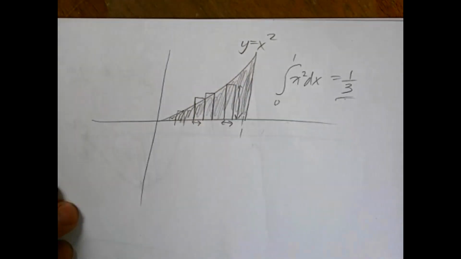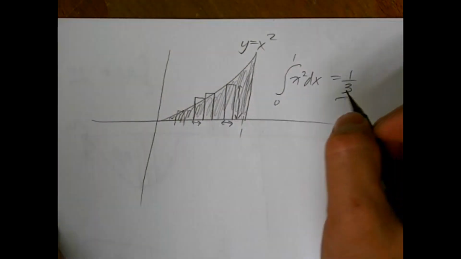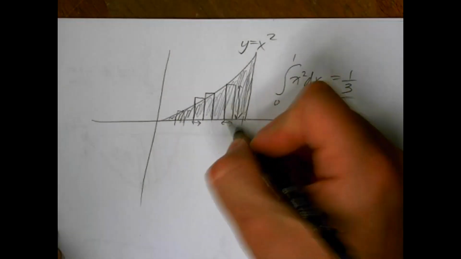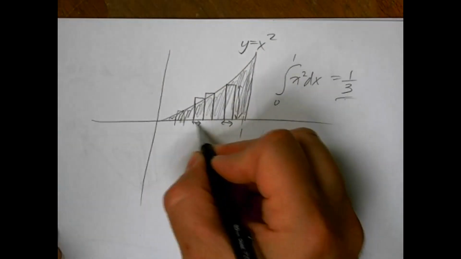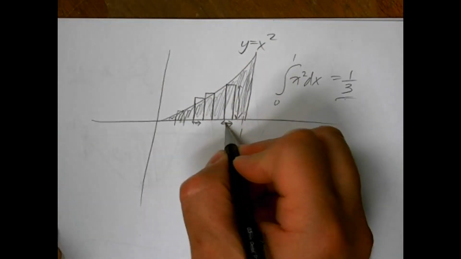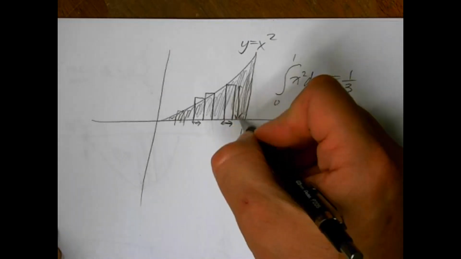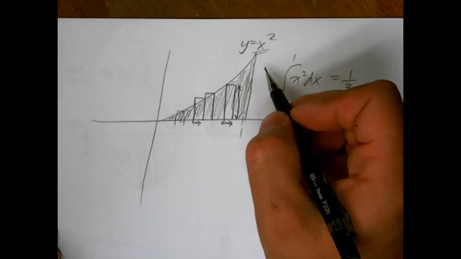That's not what the definition tells us to do, but it's the same. It could be done with right-handed rectangles. It could be done with left-handed rectangles. Again, noting that each width is going to be positive. And specifically with this curve, each height is going to be positive because x squared always takes on positive values.